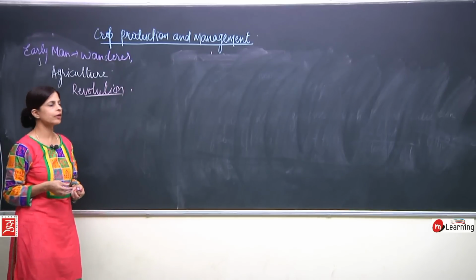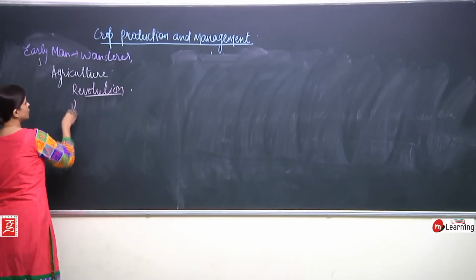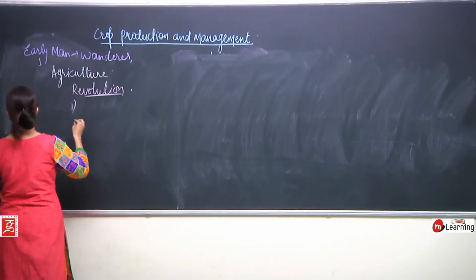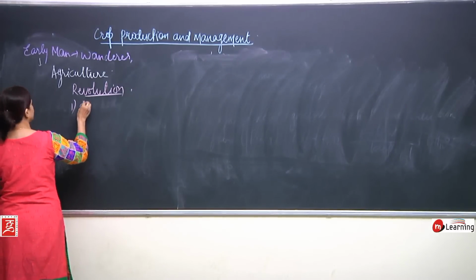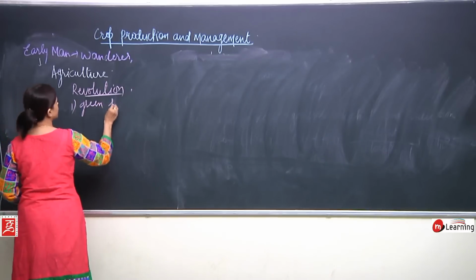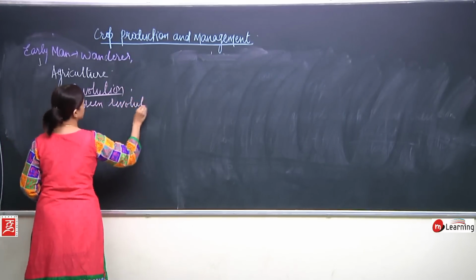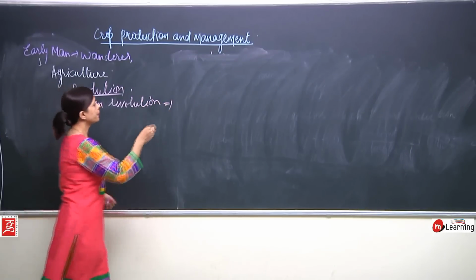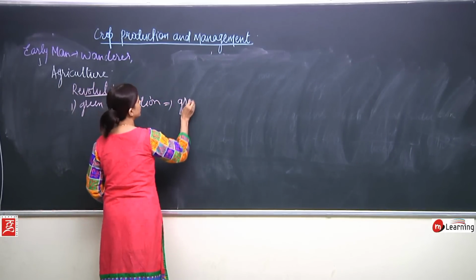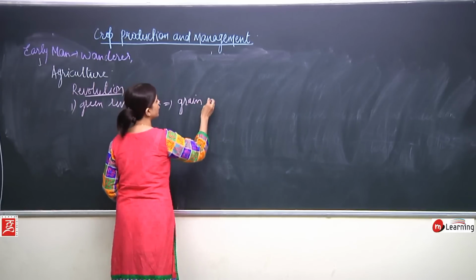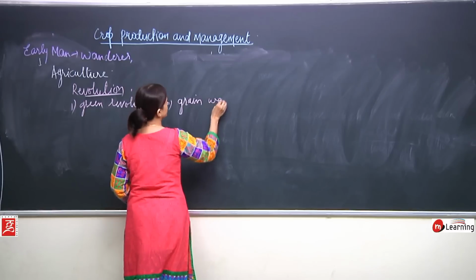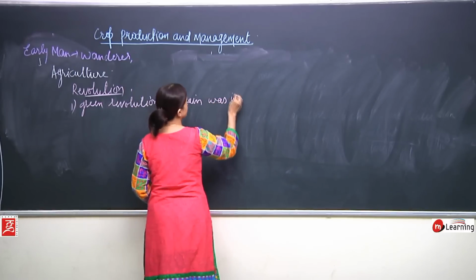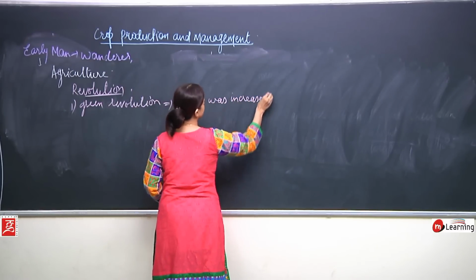Now, for example, first can be the green revolution. What's the meaning of green revolution? The food grain production was increased.